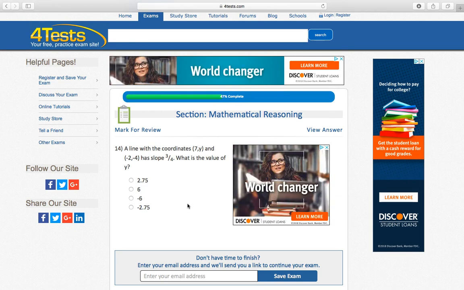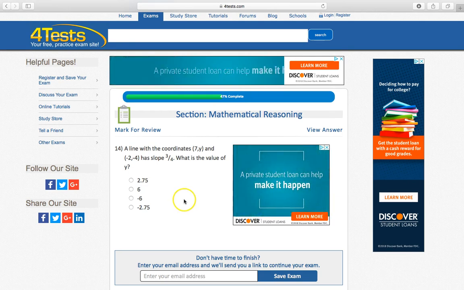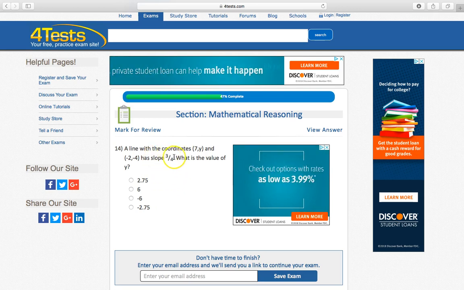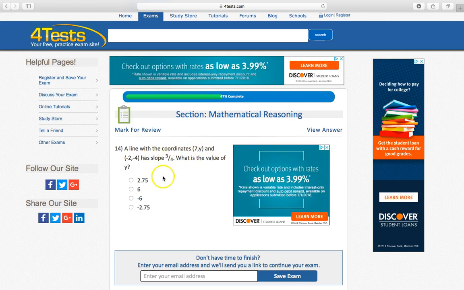Okay, another slope question. This one's harder, but we can do it. A line with the coordinates (7, y) and (negative 2, negative 4) has a slope of 3/4. What is the value of y? We start kind of the same way: negative 4 minus y. Here x1 is 7, y1 is this y, x2 is negative 2, and y2 is negative 4.